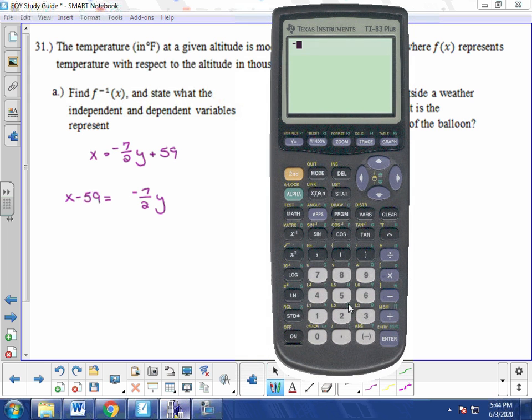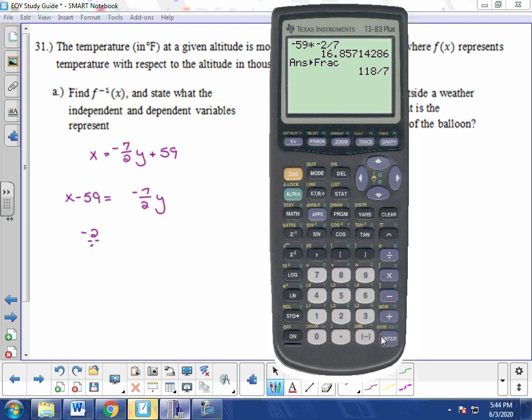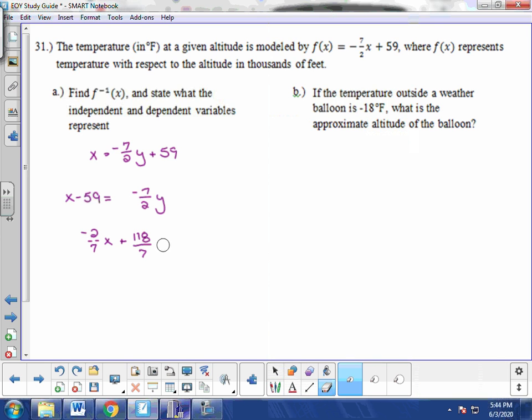So negative 59 times negative 2 over 7 is this decimal. Let's go ahead and make that a fraction. So this would be negative 2/7 x plus 118 over 7 equals y, or the inverse of f of x.